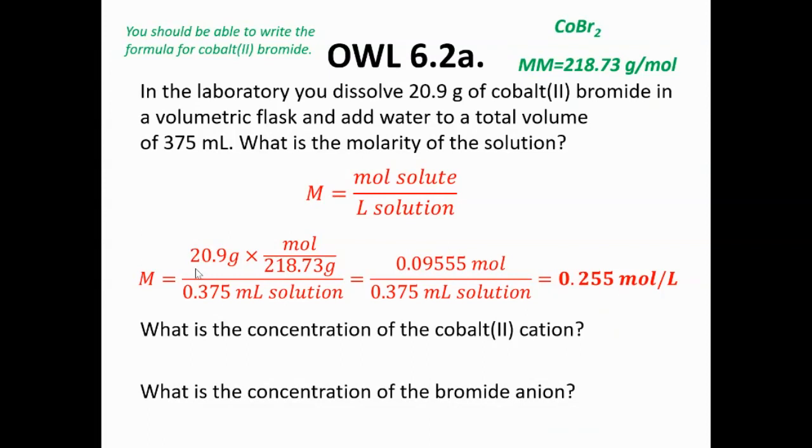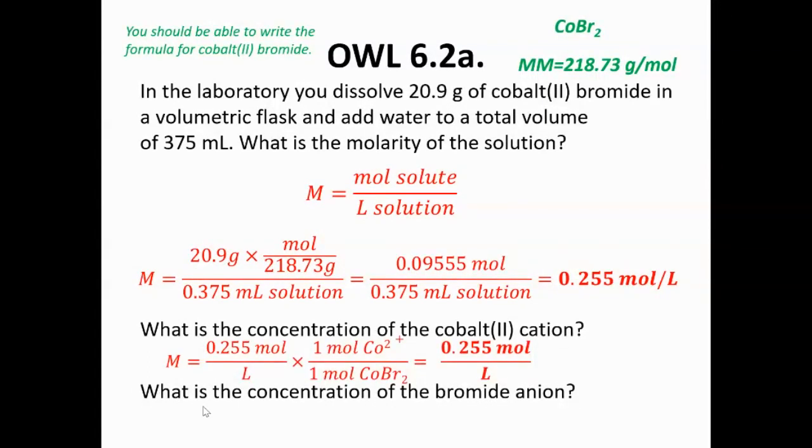What if we're asked for the concentration of the individual ions in the salt? Well, the formula for the salt was CoBr2. Now, if we want the concentration of cobalt-2 ions, there's only one cobalt-2 ion in the formula for the salt, so it would be the same.